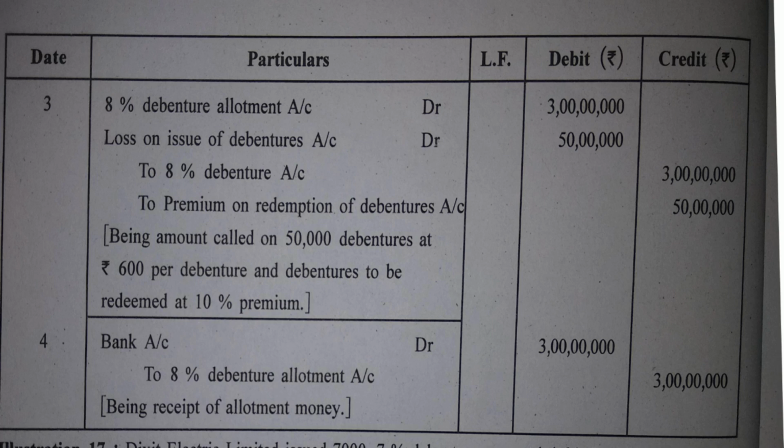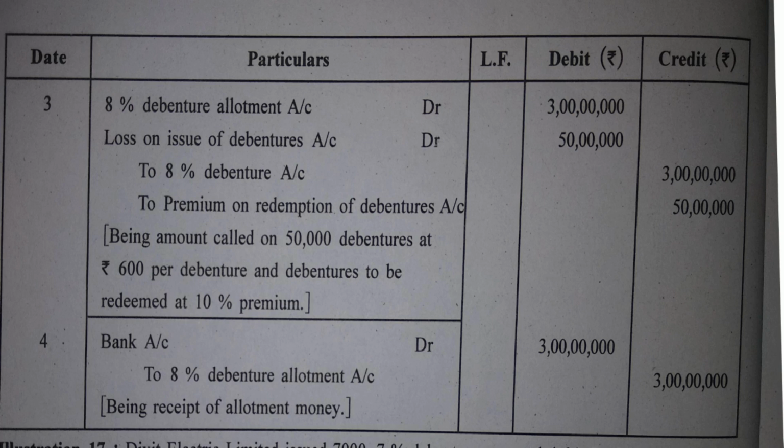This is 50,000 into 600 rupees. Out of 1000, 400 is with application. So 600 is with allotment. And the 100 rupees extra, which is to be returned at the time of redemption, is also to be shown, and it is always shown at the time of allotment in this type of sums.